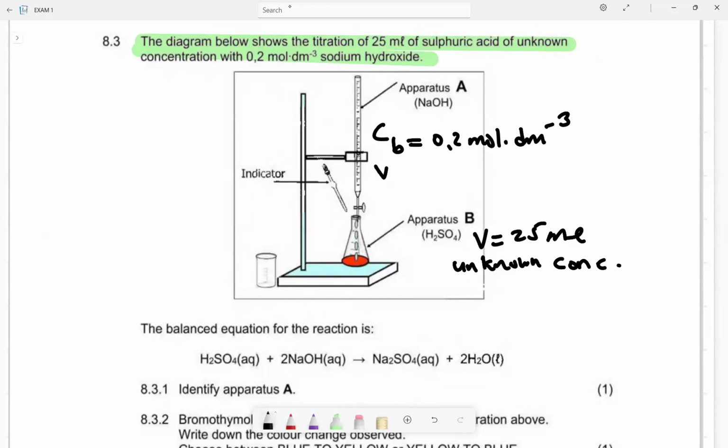Do I know the volume of the base? They did not tell me. I only know the volume of the acid, 25 milliliter, which is the same as 25 centimeter cubed, which is the same as 0.025 decimeter cubed.